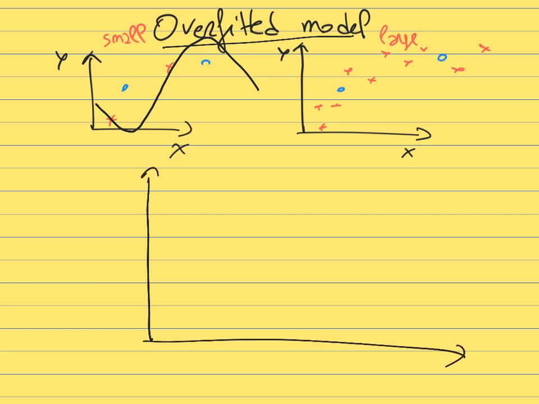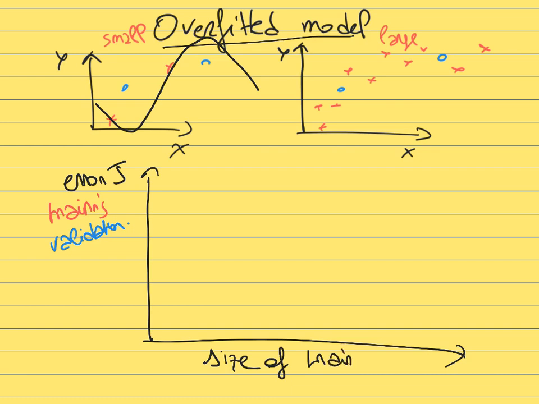So again, I'm plotting the error J both for the training set in red and for the validation set in blue, and I'm going to plot this as a function of the size of the training set. So initially this doesn't change.